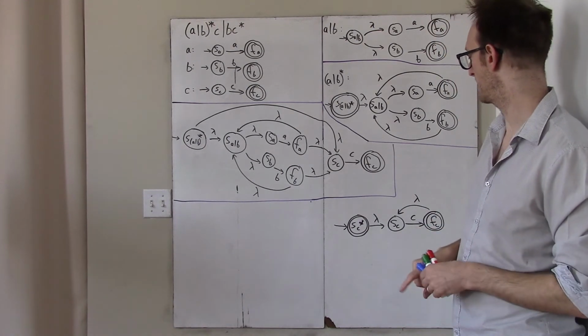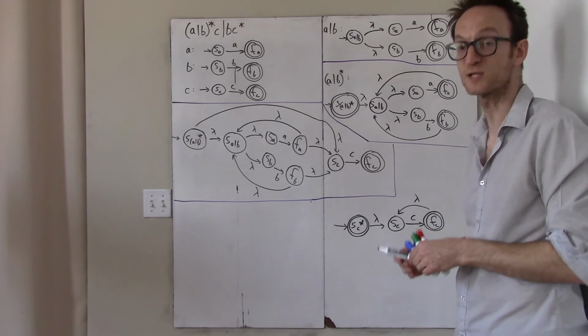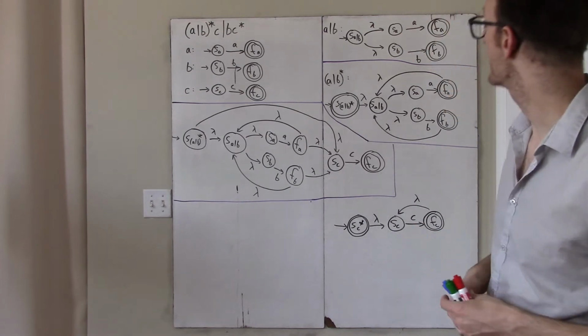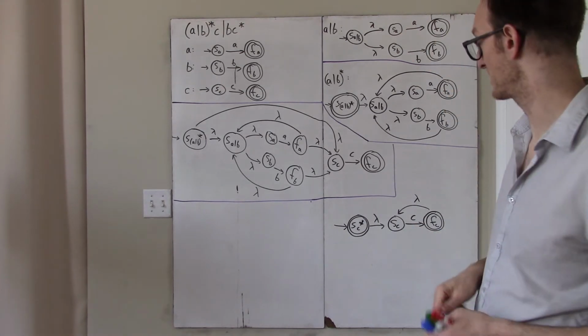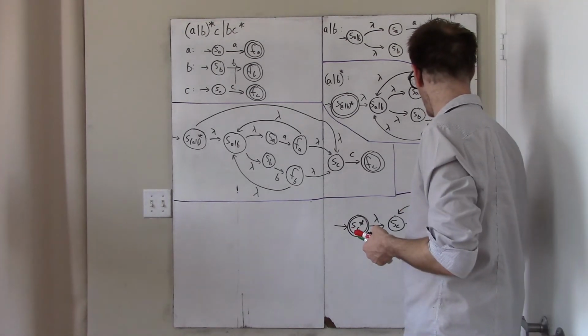And I think it's very clear that this is, well, I just followed the algorithm, but it's also intuitively clear that this represents the machine C star. Okay, almost done.